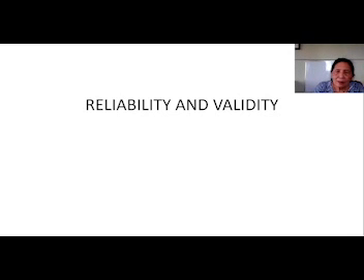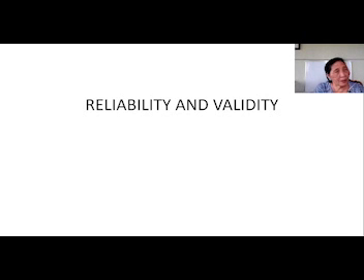But before that, let's talk first about 2 very important characteristics of a good test item. And these are reliability and validity. Objectivity, no?